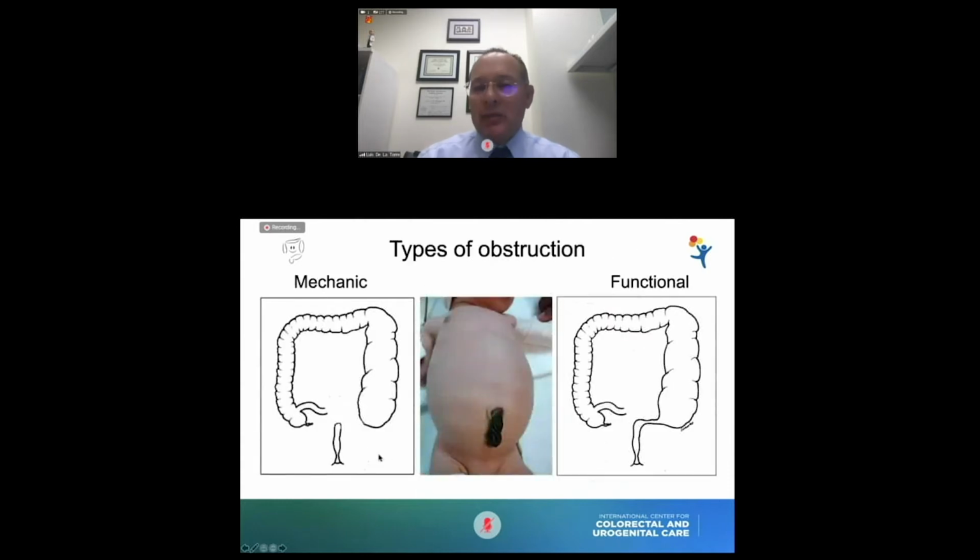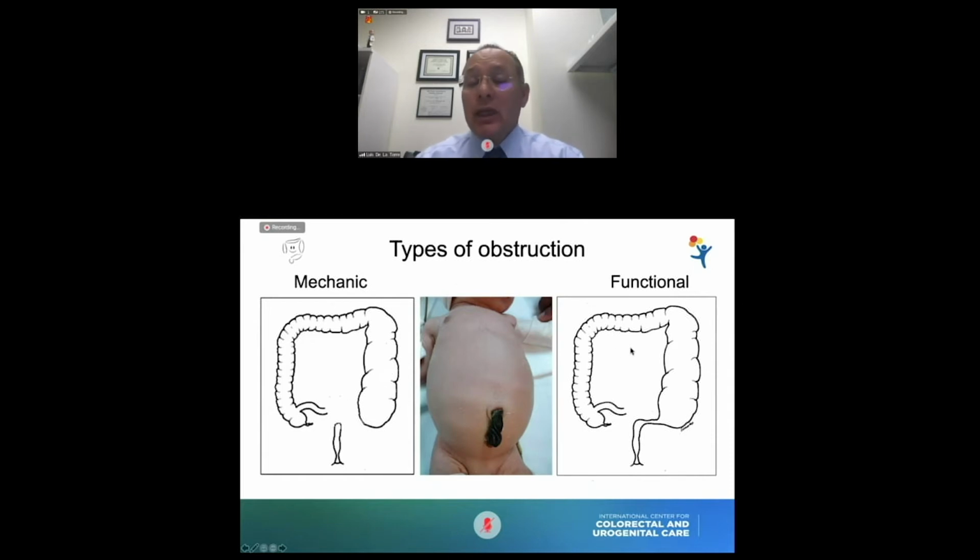What happens in Hirschsprung disease? Hirschsprung disease has a functional obstruction. It's not a mechanical obstruction. What is the difference? In a mechanical obstruction, you can see the rectum here, and there is no communication, okay? So if you introduce a catheter here, you cannot reach this area of the colon.